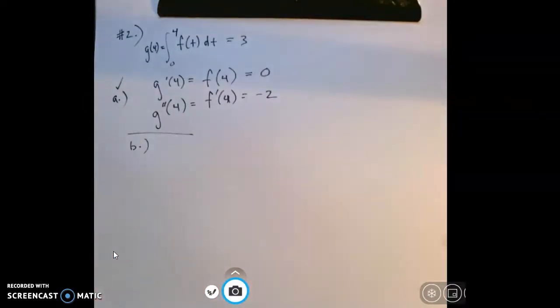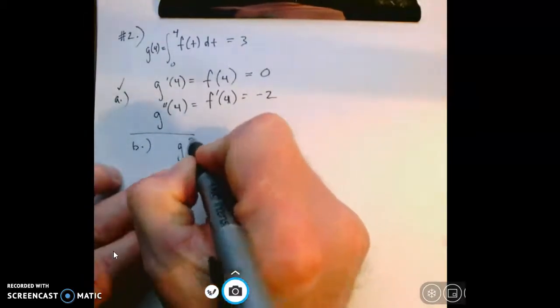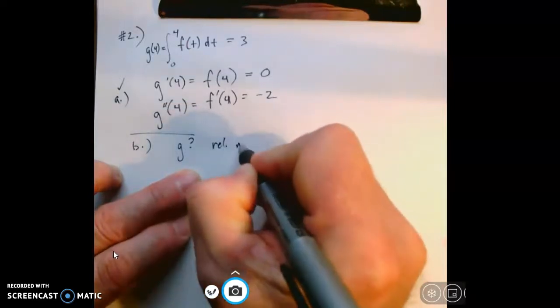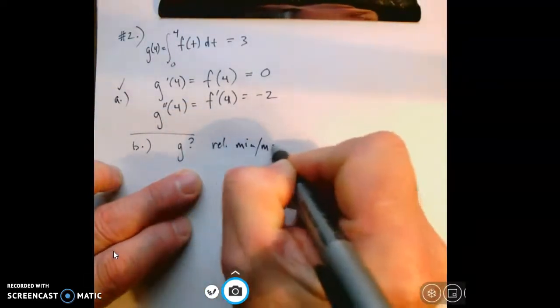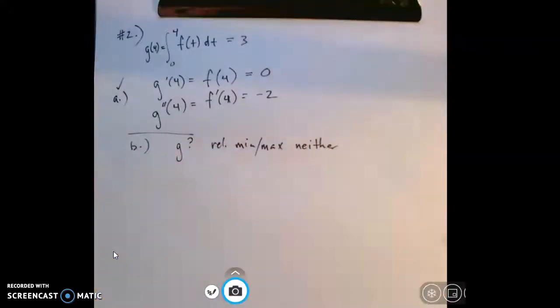Does G have a relative minimum or relative maximum or neither at x equals 1? So we look at this, a relative min or relative max. Does G have a relative min, max, or neither? So don't try to make sense of the graph. Try to make sense of what the question is.